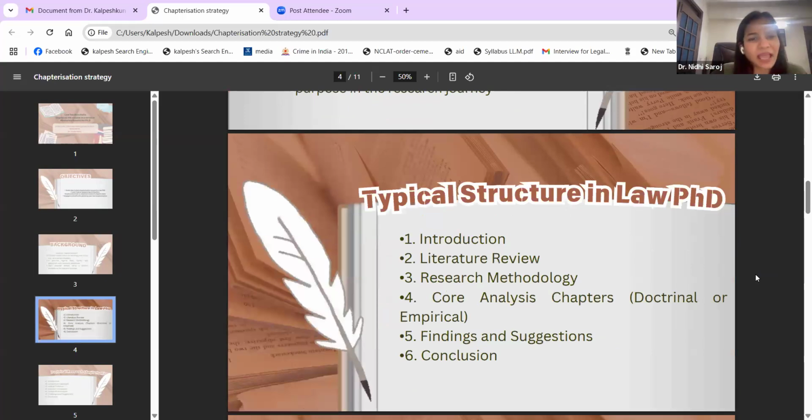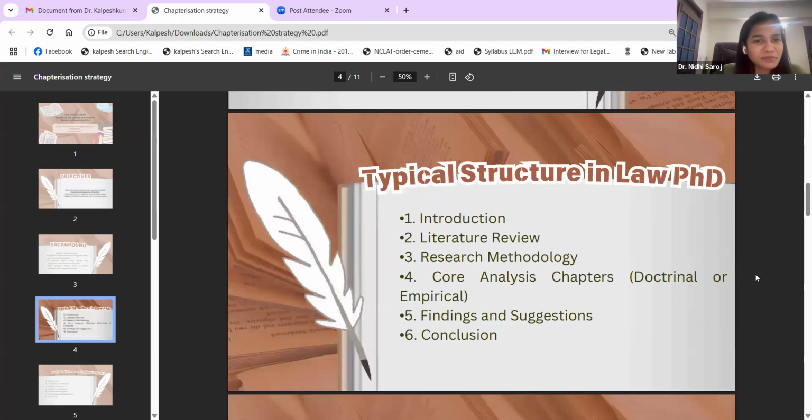Yes. Now, I'm sure all of you must have seen some thesis in your life. Mostly the structure that you see is an introduction, then a literature review, research methodology, and then the core analysis chapters, whereby either there is an analysis of the existing legal framework or an analysis of the data that you have collected, right?